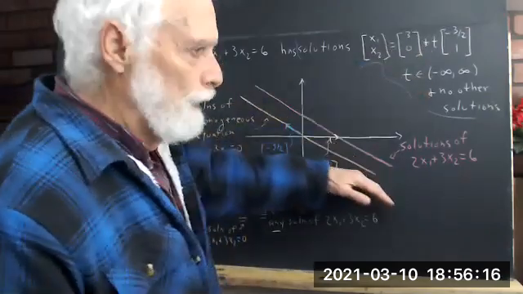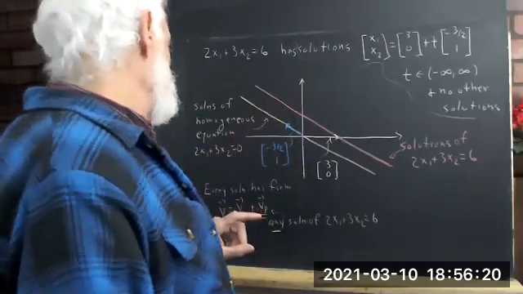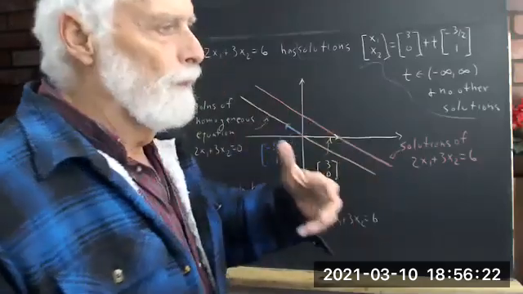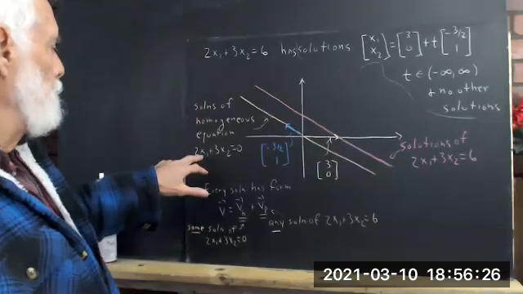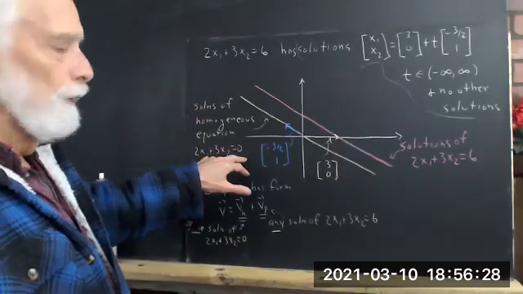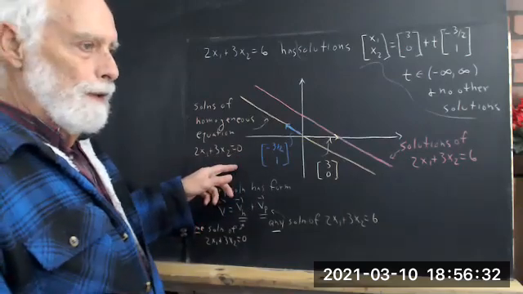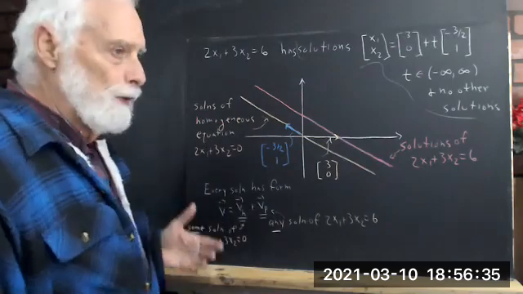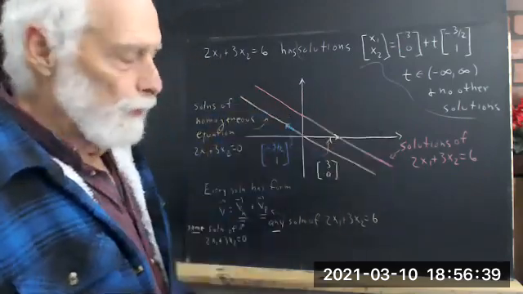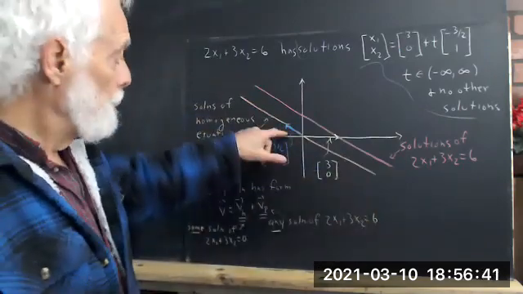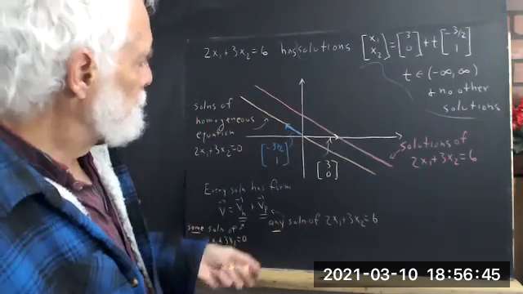So here's your set of solutions to what we call the homogeneous equation. The homogeneous equation is the equation 2x1 plus 3x2 equals 0. And we've seen that the solutions of that equation are represented by a line through the origin with a slope of -3/2, this line parallel to this. Okay, so we've established that.